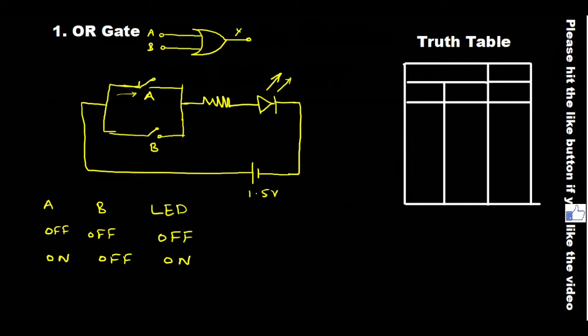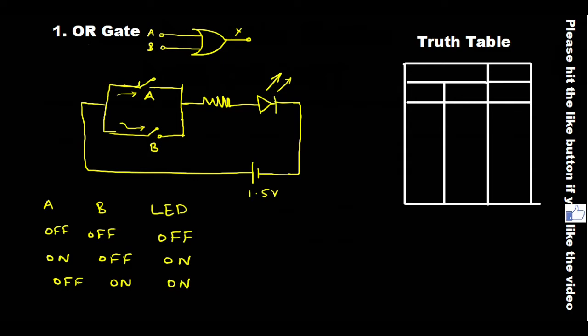Now again, I will make switch A off and switch B on. Now also the current will flow through this switch B because switch B is closed. It will flow through this resistor and flows through this LED, circuit is closed, LED gets on.